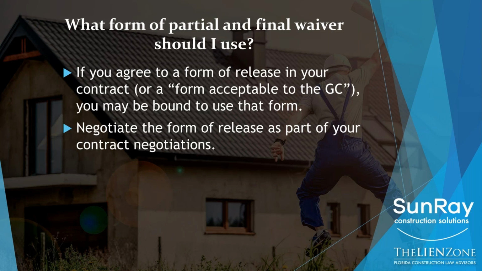If they make reference to the fact that you're going to agree to use whatever form I say we're going to use, then you need to identify that as you negotiate your contract and negotiate the form of release that will be part of your contract. So just like you're negotiating other components of the contract, hopefully you are, you want to make sure that you identify the releases in the contract and change them so that you're not bound to use them later.